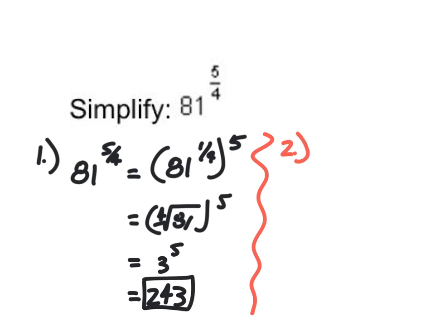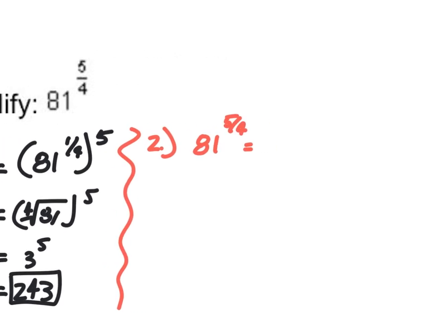So depending on your use of technology, the other way of doing this, if you have 81 to the 5/4 power, is to rewrite this as 81 to the 5th power, and then take the 4th root. So here's what you've got.